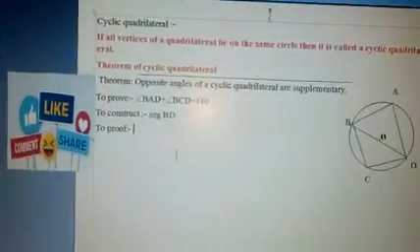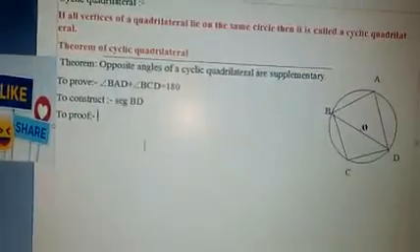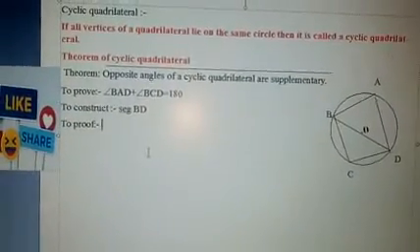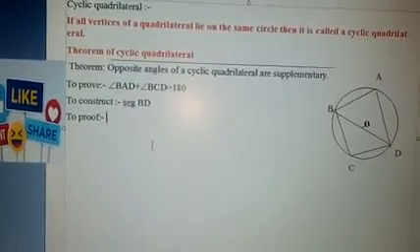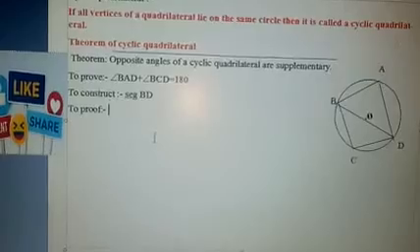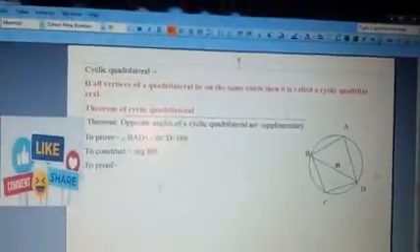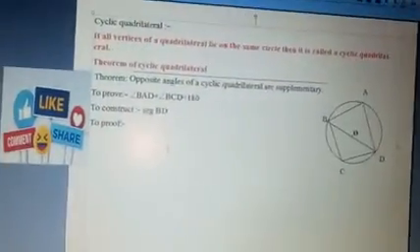Now you can see easily here, angle BAD is an inscribed angle on the arc BCD. So we can use the inscribed angle theorem.